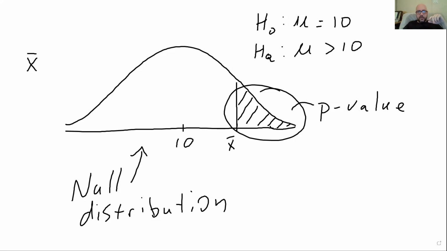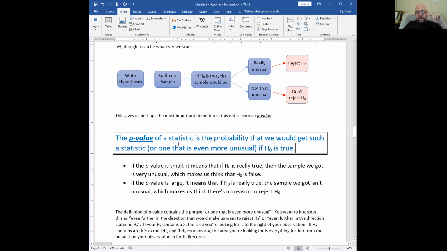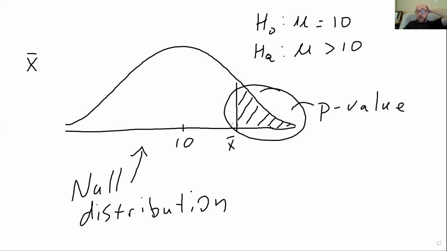P-value, again, let me just reiterate the definition. The p-value of a statistic is the probability that we would get such a statistic, or one that is even more unusual, if the null hypothesis is actually true. So the way we address the conditionality of this, that the null hypothesis is actually true, is we are working on the distribution that is defined by the null hypothesis, right?